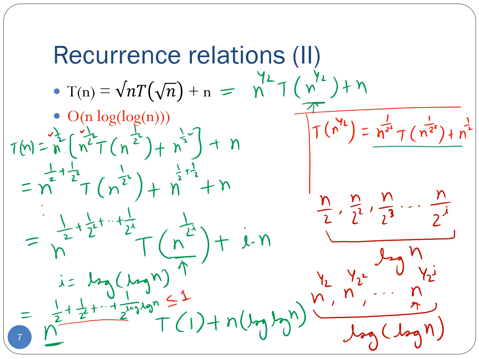Even if there were infinite terms here, which there are not, there are only log n terms, the sum of the series cannot be any more than 1. So the maximum value of this term here can be n. Now clearly this n times log log n is greater than n, and therefore this recurrence is actually big O of n log log n.